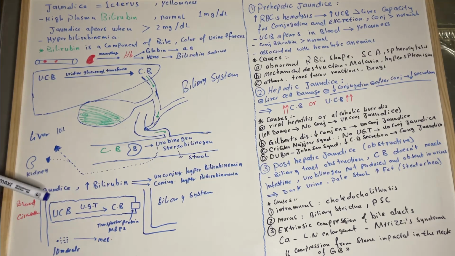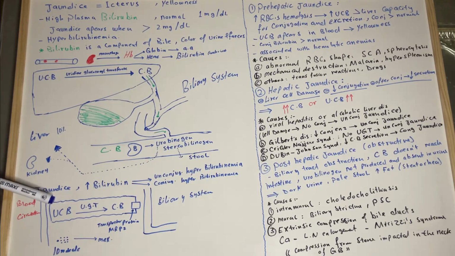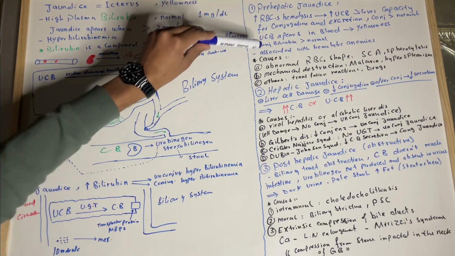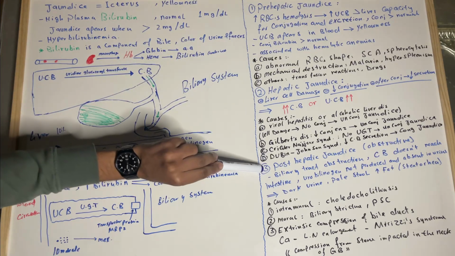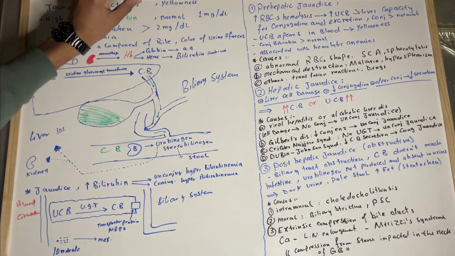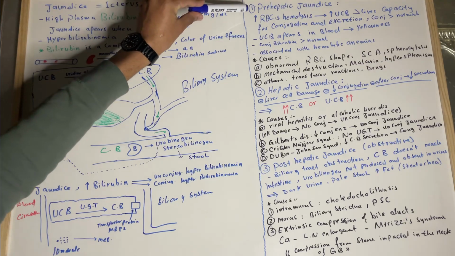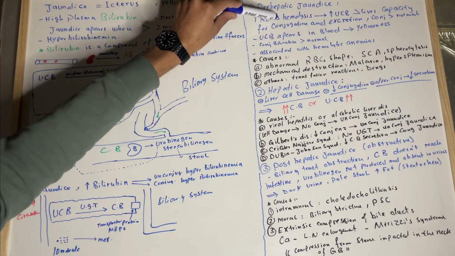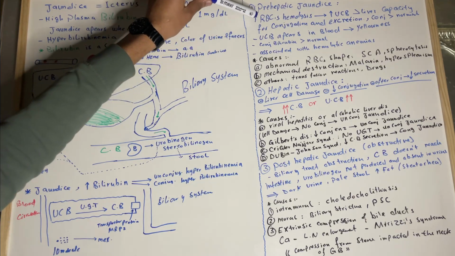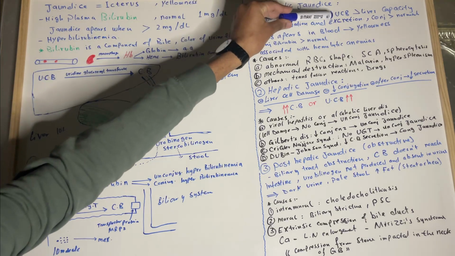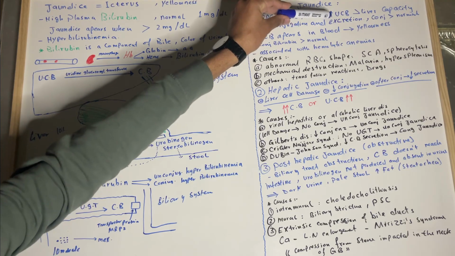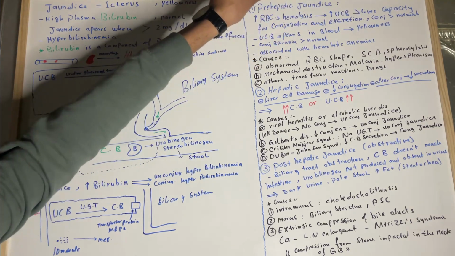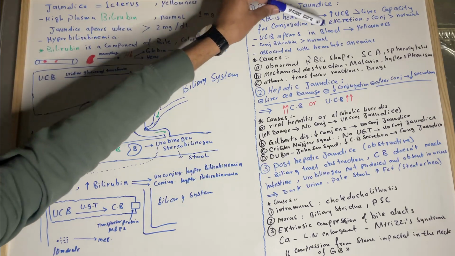Okay, now jaundice has three types. We have prehepatic jaundice, hepatic jaundice and post-hepatic jaundice. In prehepatic jaundice, there is increased RBC hemolysis. This results in increased unconjugated bilirubin, which exceeds the liver capacity for conjugation and excretion.